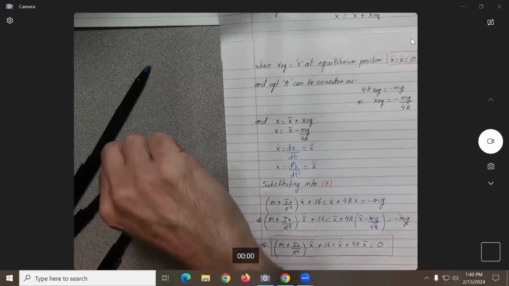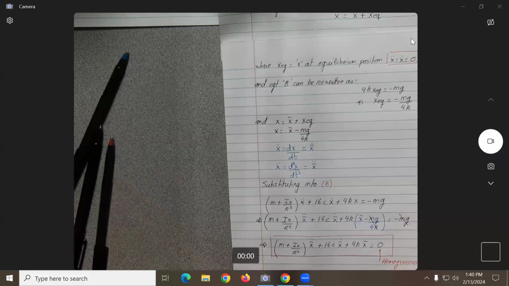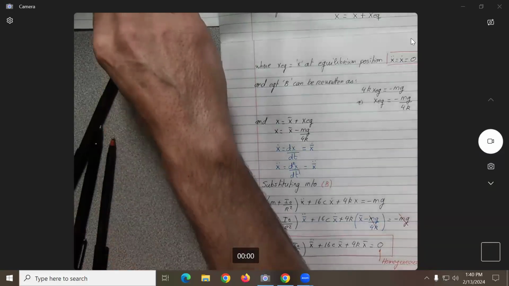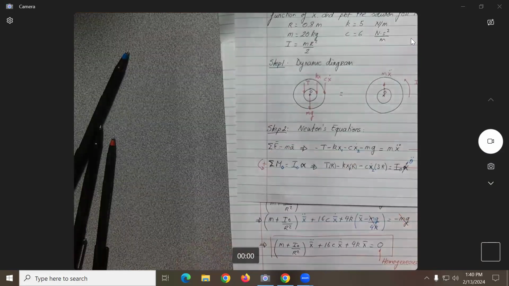Okay, homogeneous. But we could have skipped all these steps if we had made one assumption at the beginning of the problem. We talked about this before.